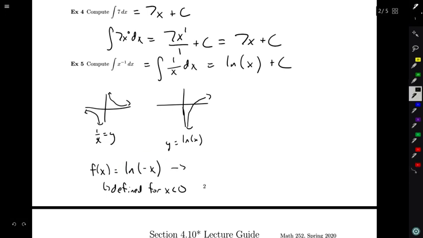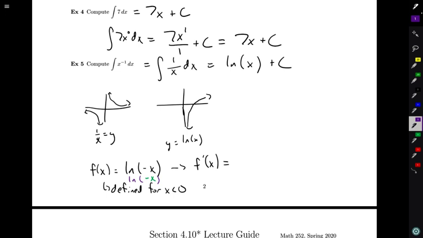So what happens here if I take f prime of x? Well, to take the derivative, I notice that I have an inside function and an outside function. Namely, my inside function here is negative x, and my outside function is natural log. So if I'm taking the derivative, my chain rule says take the derivative of the outside and multiply by the derivative of the inside.